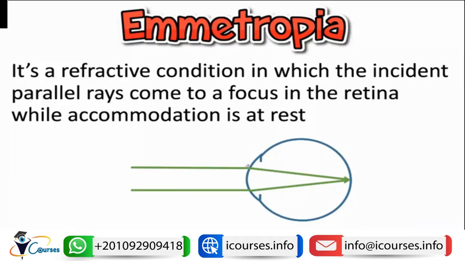So we have here incident parallel light rays over the eye. In emmetropia, if we have incident parallel light rays falling over the eye, these parallel light rays will come to a focus on the retina. This is provided that the accommodation, which is here by the lens, is at rest.